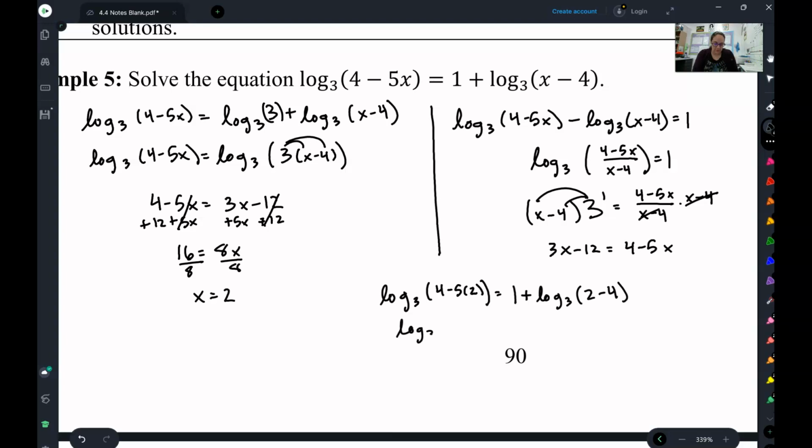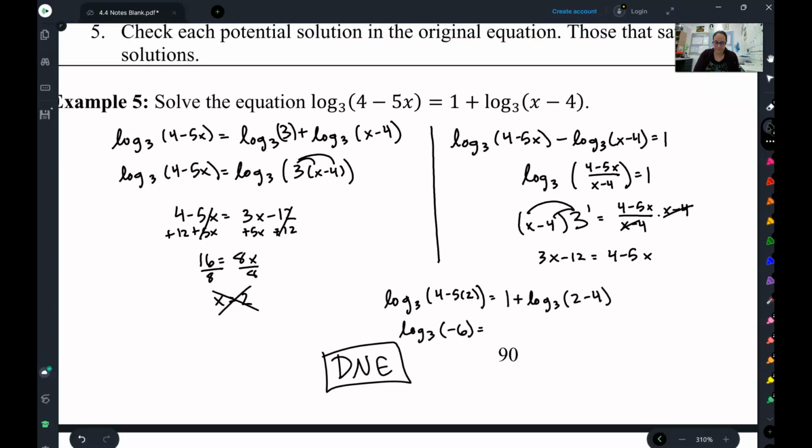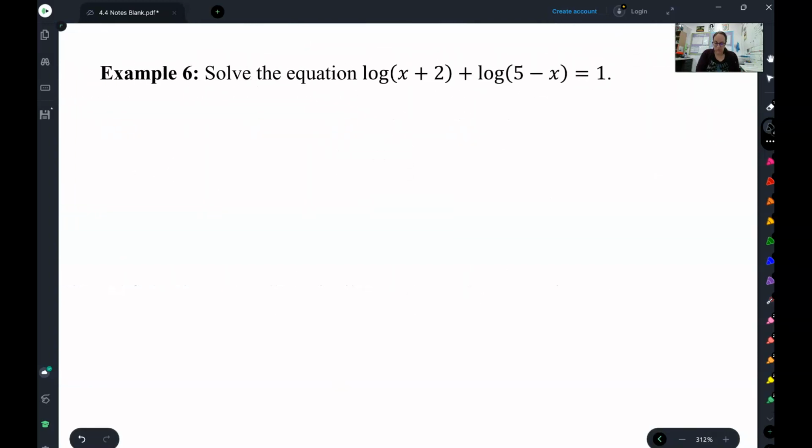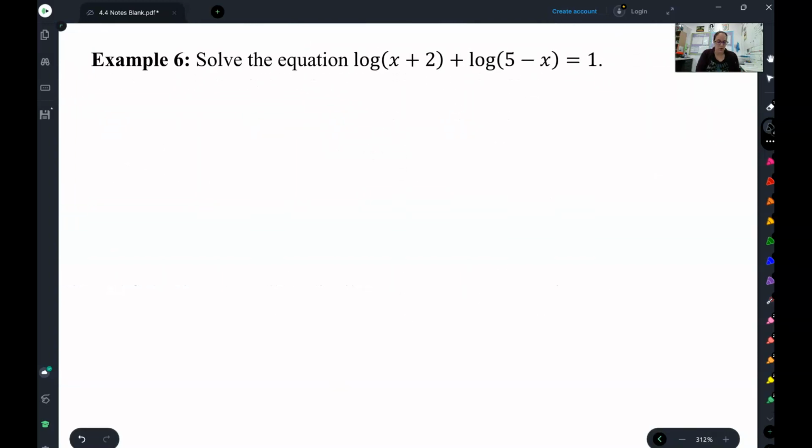So if I simplify this, I get 4 minus 10, which is a negative 6. And right away I go, nope, can't put a negative into a log, so this answer does not work. So my actual answer is no solution, or DNE. So that was our first 2 examples. Let's do one more example and then we'll wrap up this video.